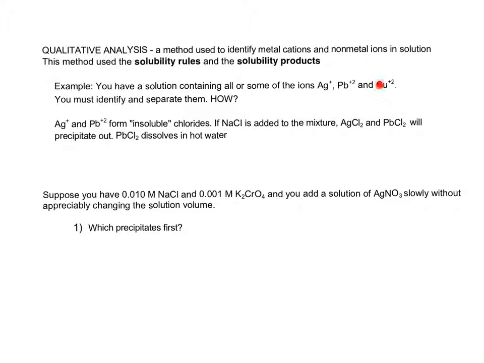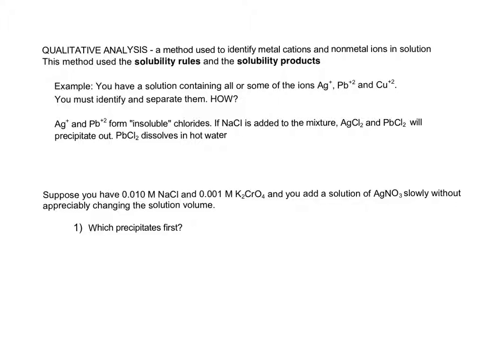So that's one way to separate the copper 2+, and then you can compare the different solubilities of the AgCl and the PbCl2 and add a little bit of water, or maybe even heat up your solution. The PbCl2, if it's a saturated solution, will dissolve in hot water, but the AgCl will not.